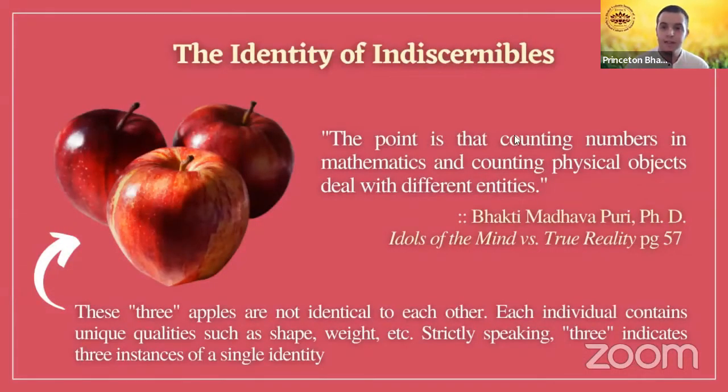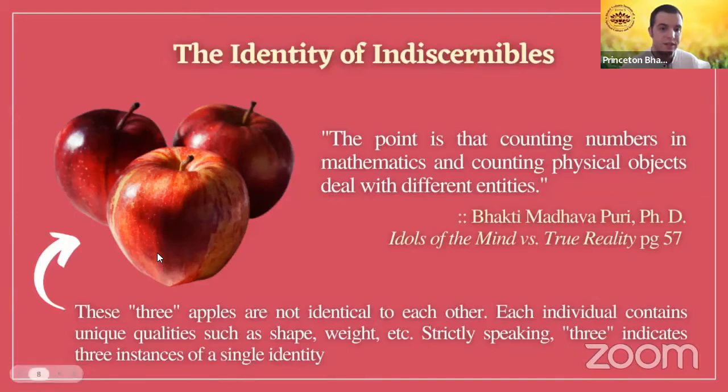The point is that counting numbers in mathematics and counting physical objects deal with different entities. So Sripad Bhaktimadhava Puri Maharaj is pointing out something very important here, which we can see very easily, actually. These 3 apples, they're not identical to each other.